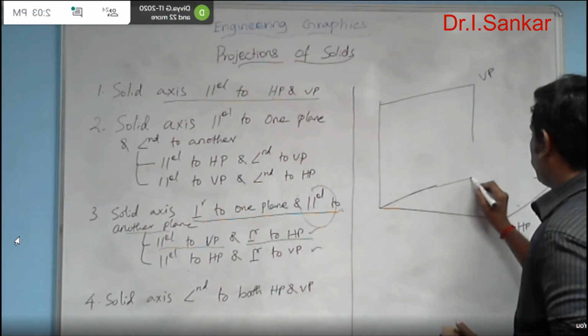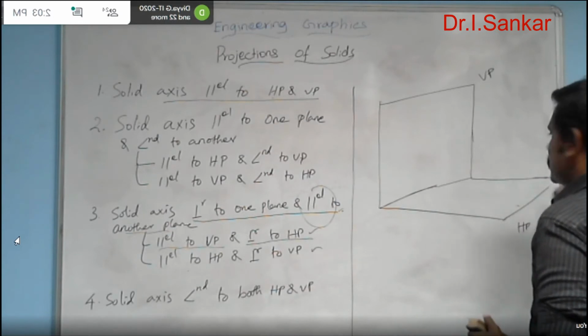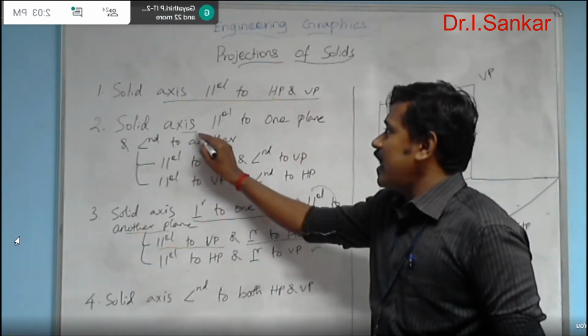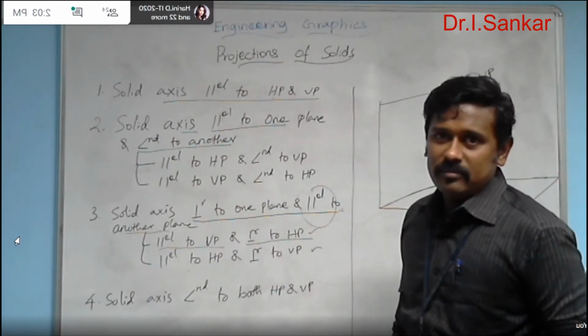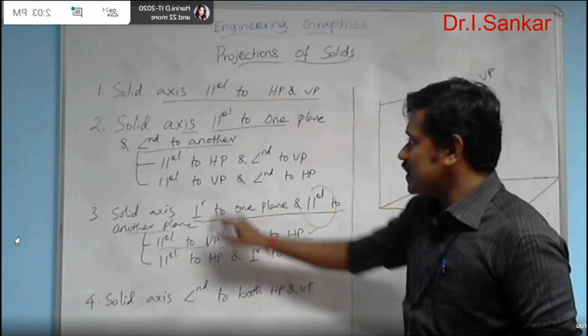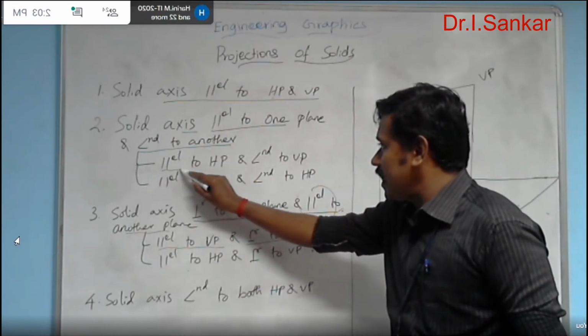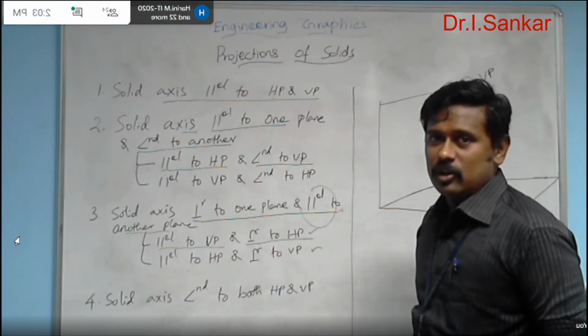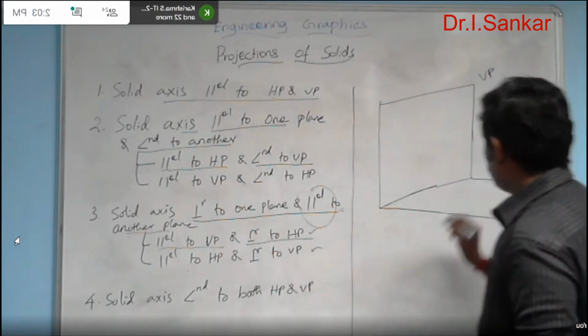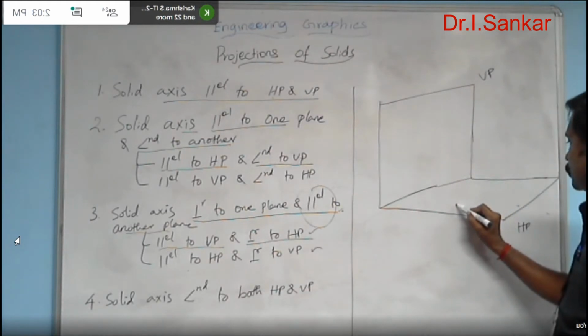And now we can go for discussing the second case, which is nothing but solid axis parallel to one plane and inclined to another plane. In specific, first, solid axis parallel to HP and inclined to VP. So how will the solid be placed in the position?